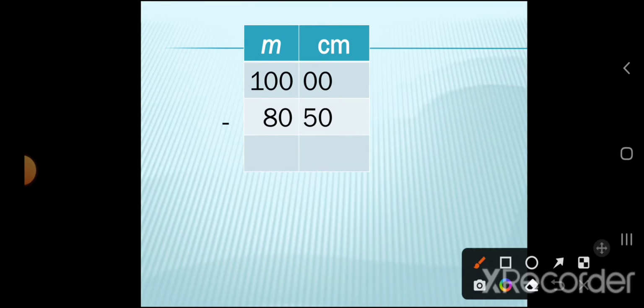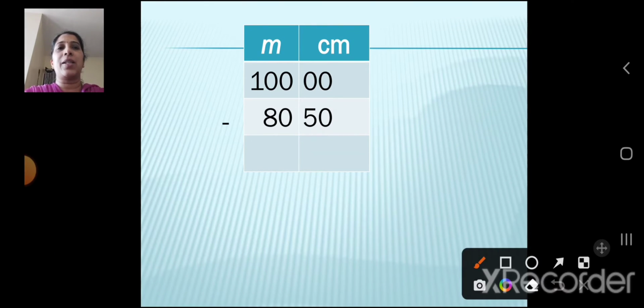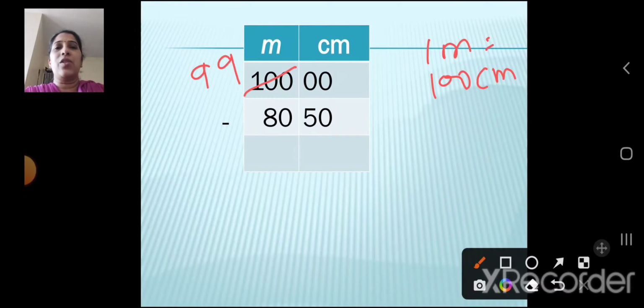Now as you can see children, you cannot subtract 0 0 from 50. So what we are going to do? We are going to borrow 1 meter from this 100. So 100 minus 1 will become 99. Now 1 meter is equal to how many centimeter? 1 meter is equal to 100 centimeter, right? So in place of 0, we will write it as 100.